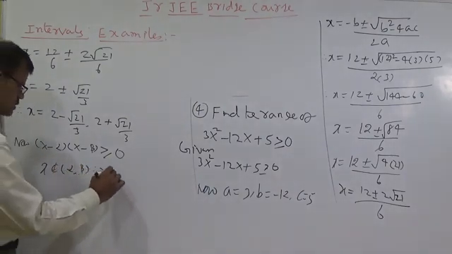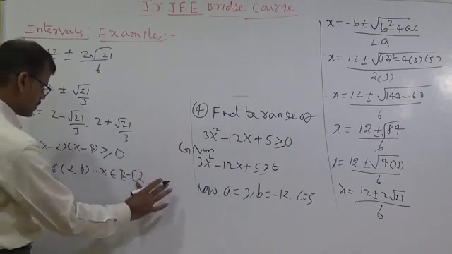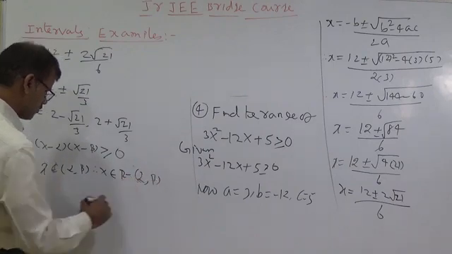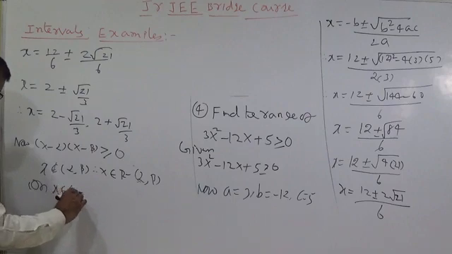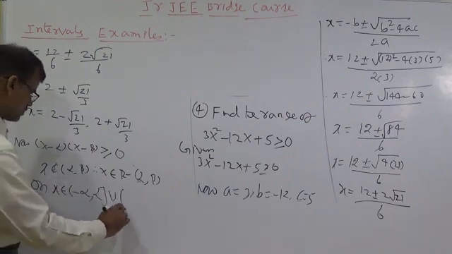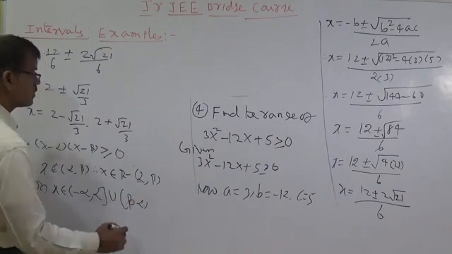Therefore, x belongs to R minus the open interval alpha comma beta, or x belongs to minus infinity comma alpha, this is closed, union beta comma infinity.